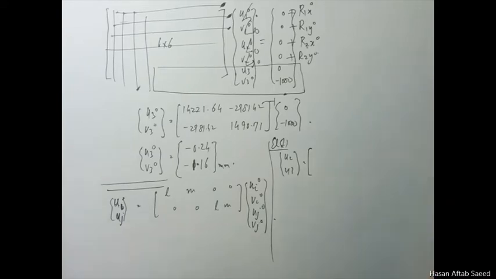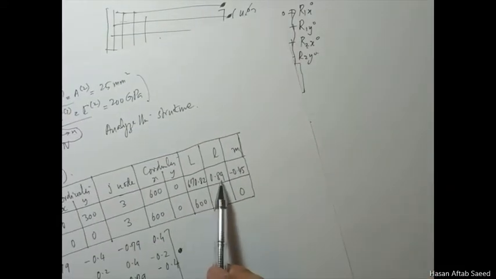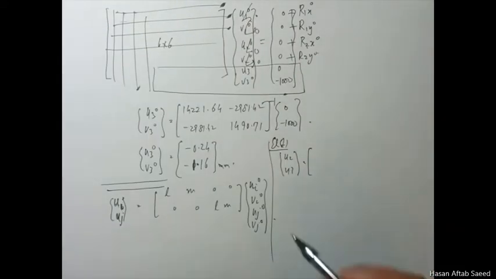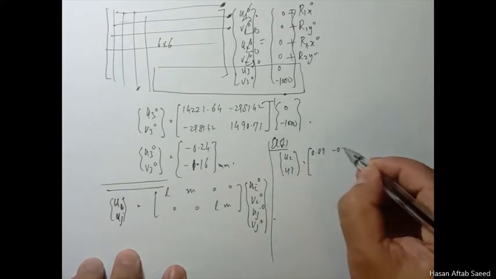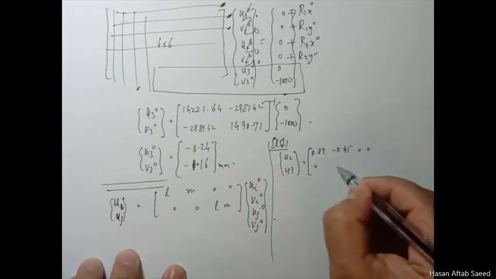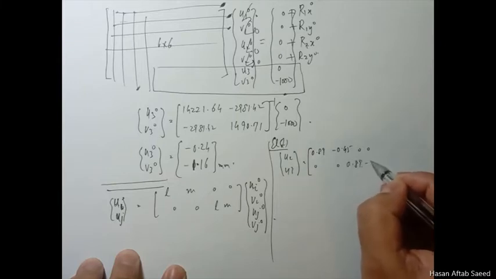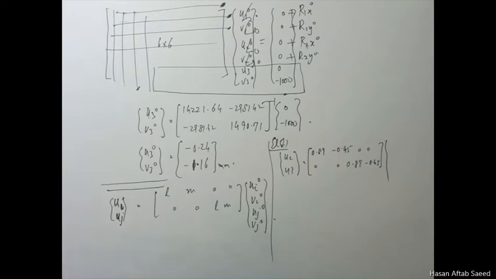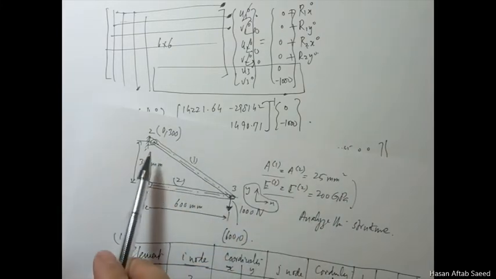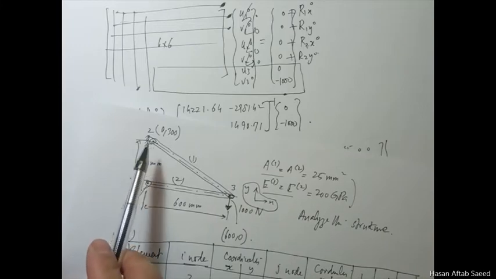For element 1 we know l and m, so there's no problem here: 0.89, -0.45, 0, 0, 0.89, -0.45.